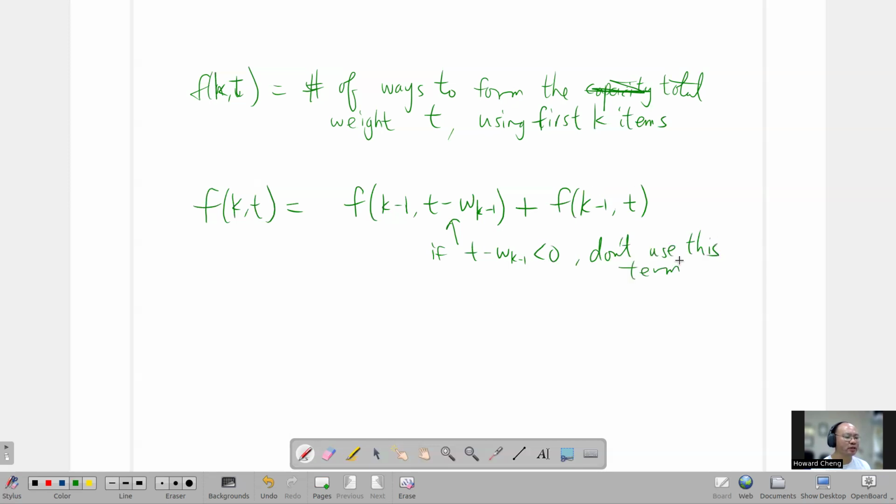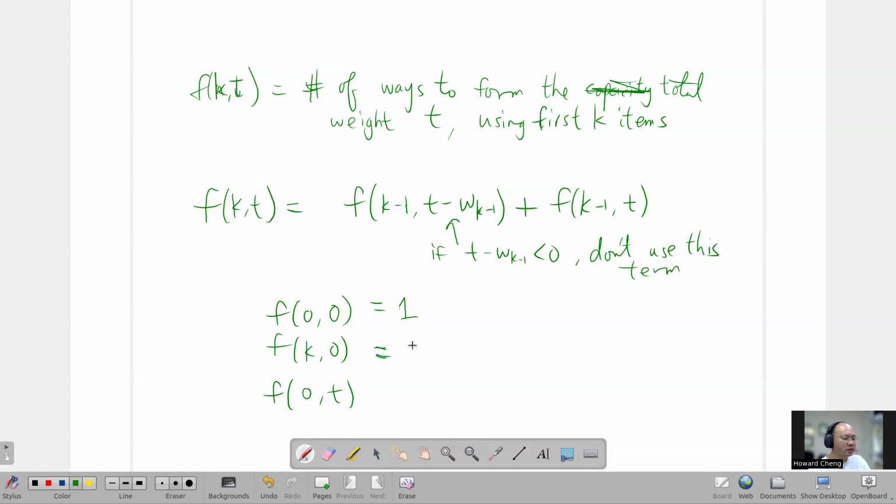Just get rid of it. And then you have the base cases, f of 0, 0, f of k, 0, and f of 0, t. So f of 0, 0: how many ways can you make the sum 0 using nothing? And this is something that's very commonly messed up if you're not used to this. The number of ways to do nothing is 1, because you can choose the empty set. Okay?